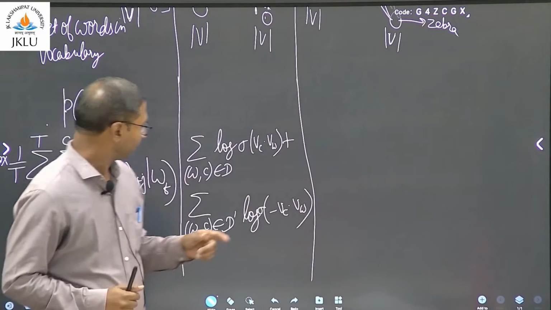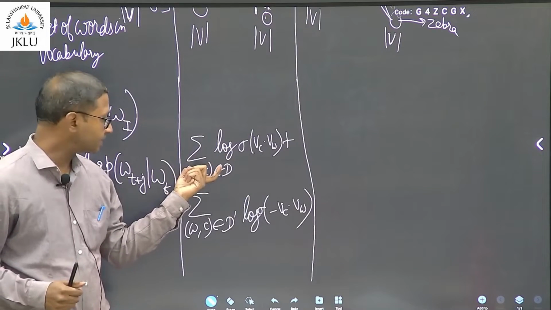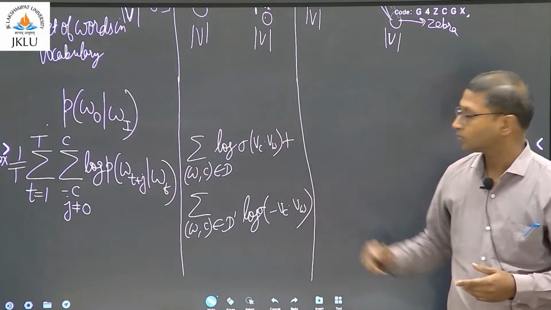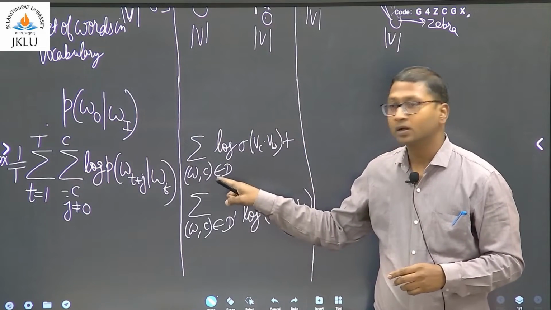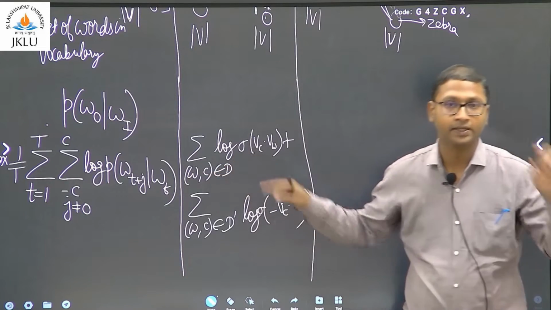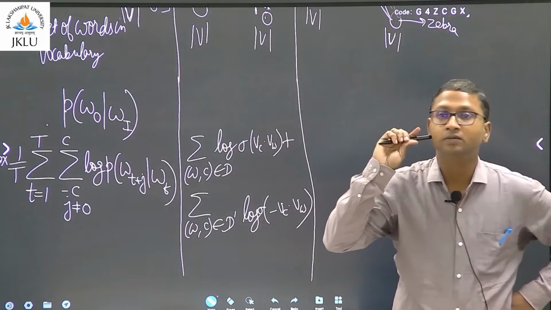So what is this whole thing doing? What is this summation w comma c in D? What does this mean? w c in D, coming from the corpus. So how many pairs in total? 4.